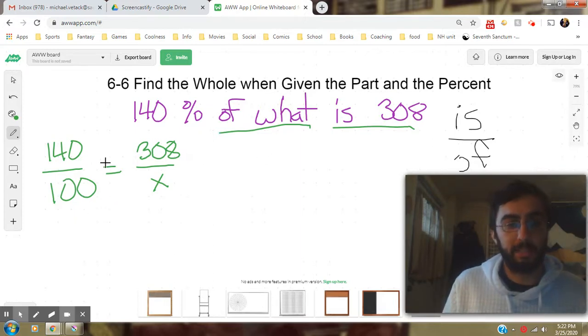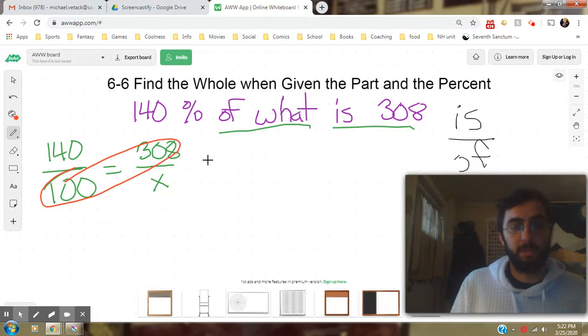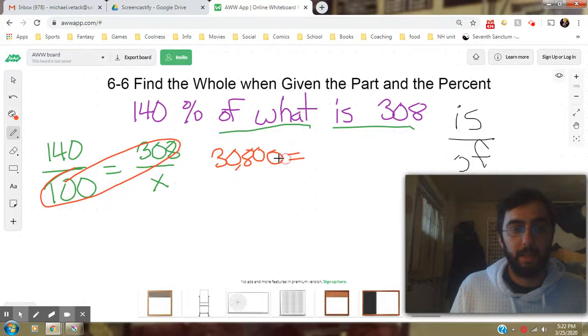The process is going to be the same. So I'm going to cross multiply. Let's change color. So 100 times 308 is 308 with those two zeros, 30,800. And 140 times x is 140x.